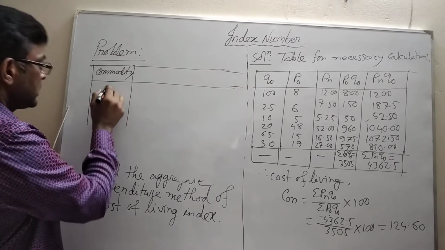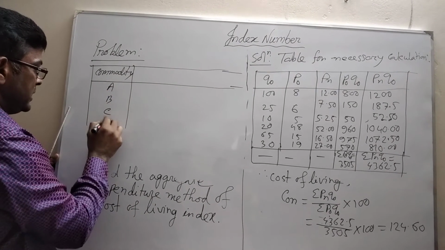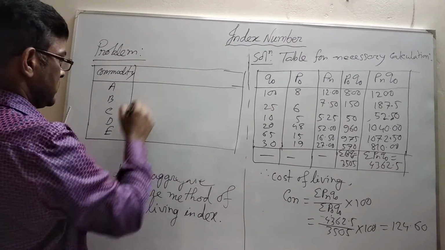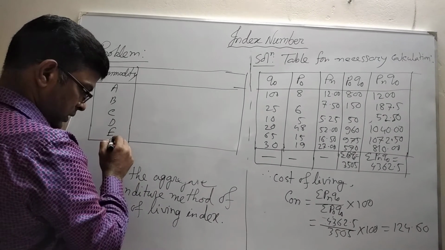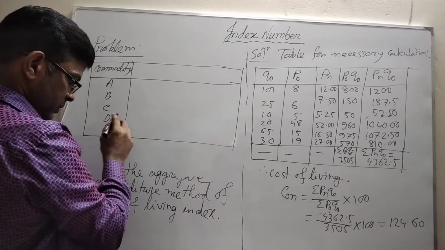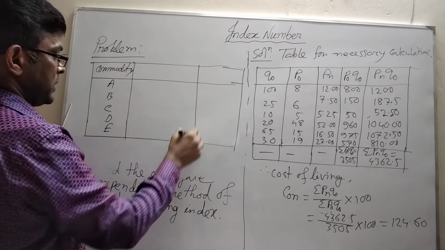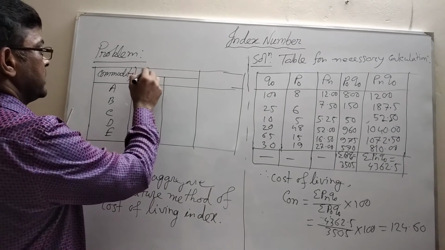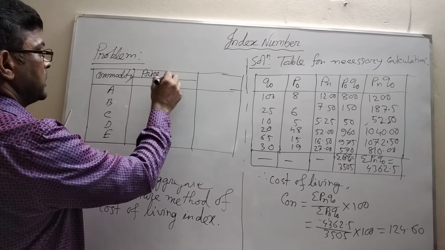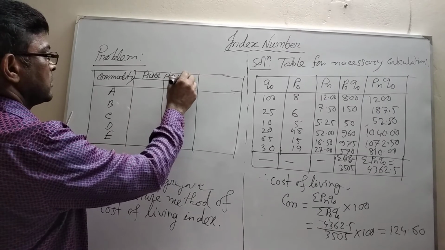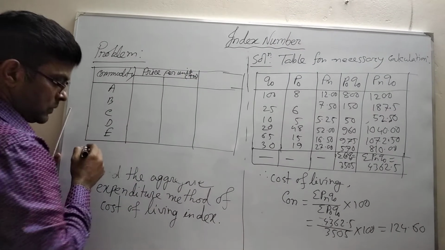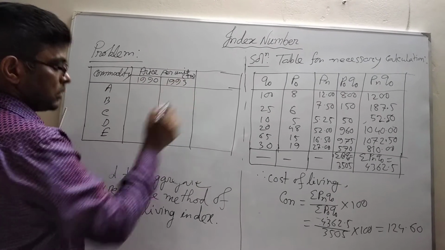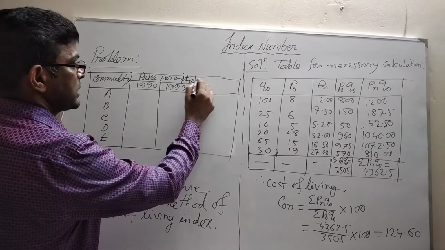There are 5 commodities A, B, C, D, E. Price per unit in taka, 1990 and 1993. Expenditure, total expenditure in 1990 in taka.